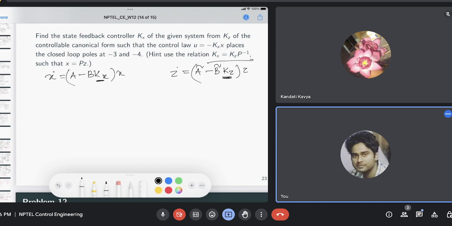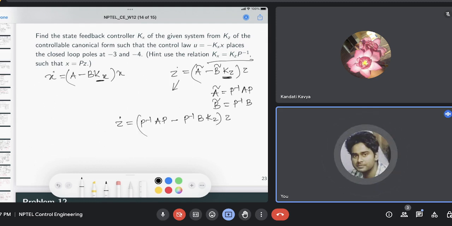Because we already computed A tilde to be P inverse AP, and B tilde is equal to P inverse B, we substitute that here. So it will be z dot equal to P inverse AP minus P inverse B KZ into z. But we know that x equal to Pz, right?